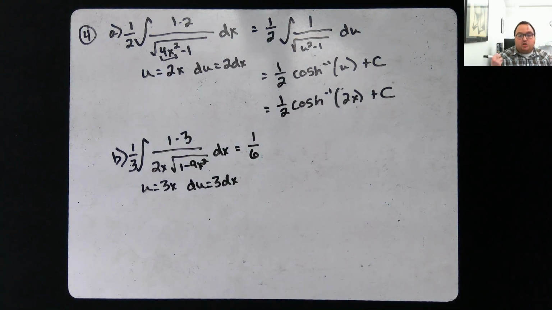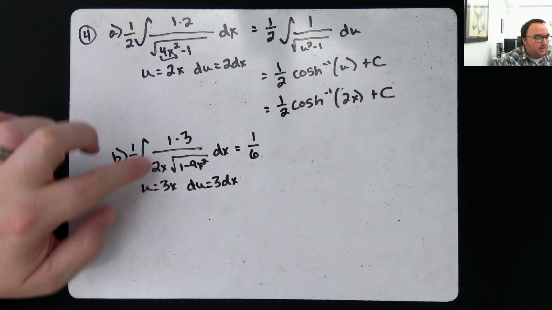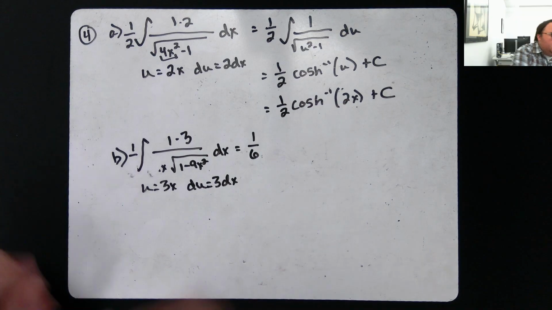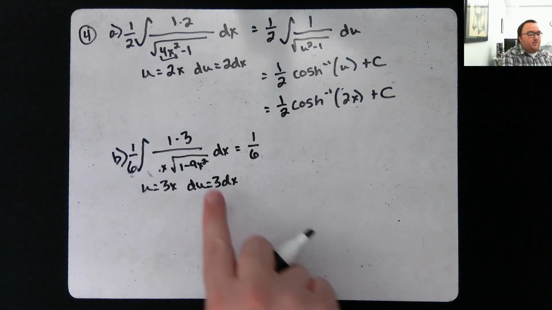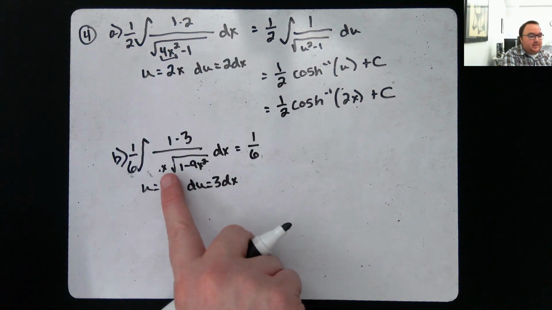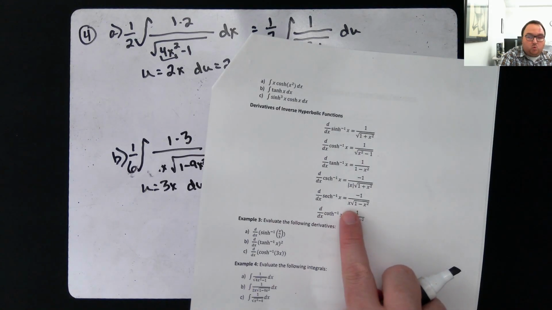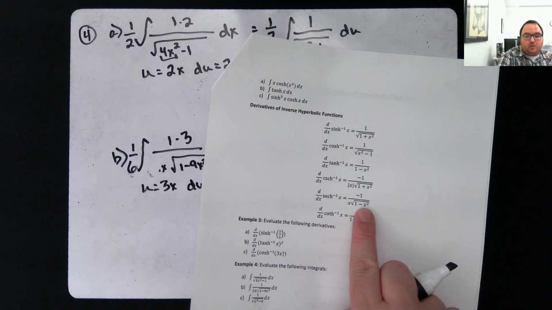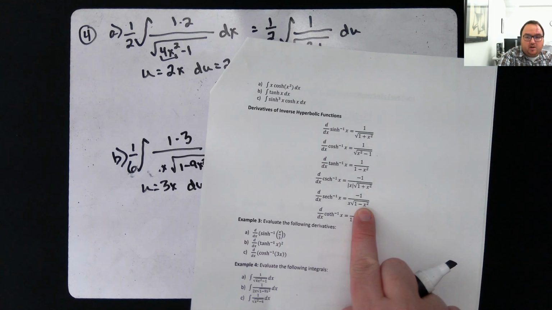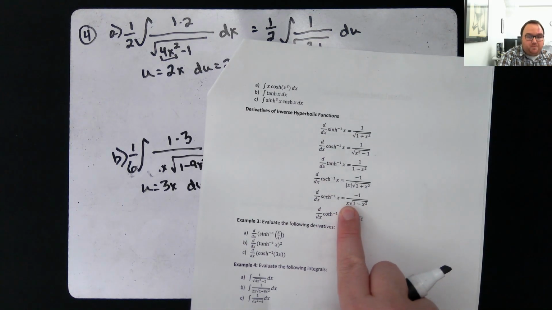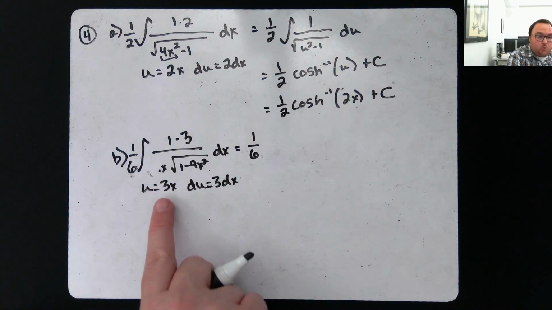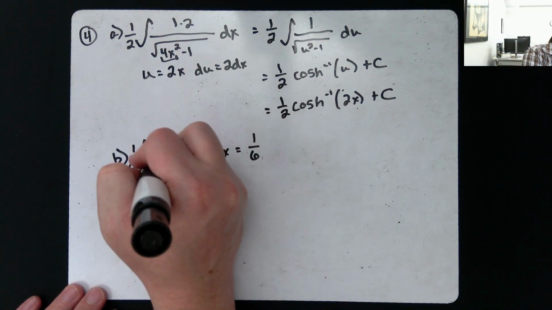But I can't stop just yet, because if I brought this 2 out front, notice here, if this is u squared, I want this to be a u, because that's what my rule right here says, right? In order for this to be a u squared, I would need this to be a u. Well, my u is 3x, so I need a 3 right here.